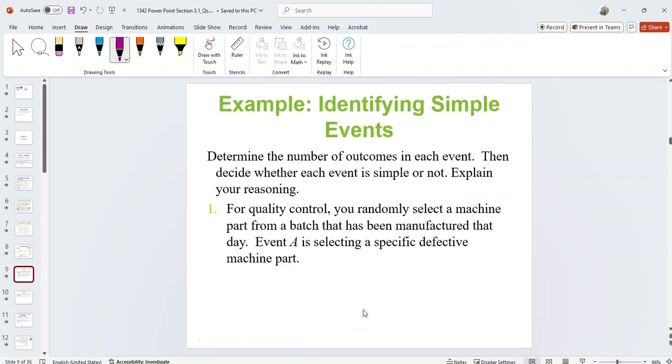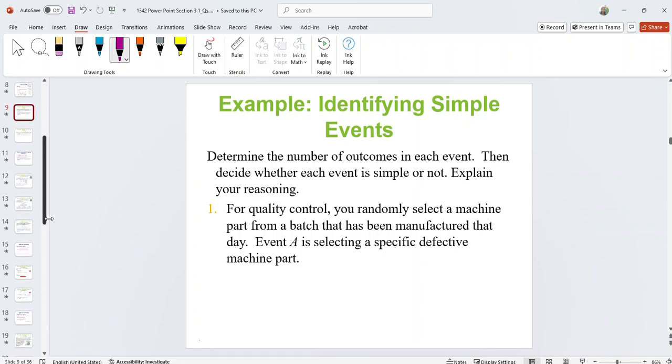All right, so let's look at this one right here. We want to determine if this event is simple or not. For quality control, you randomly select a machine part from a batch that has been manufactured that day. Event A is selecting a specific defective machine part. So what do you think?